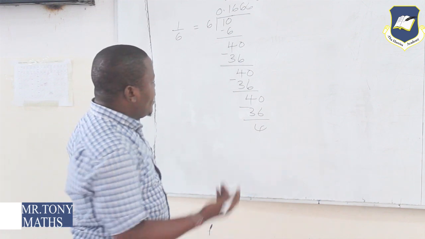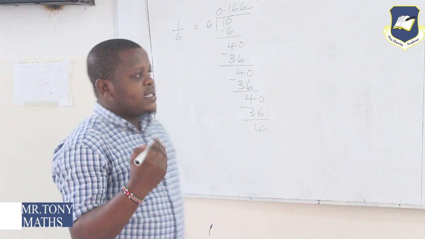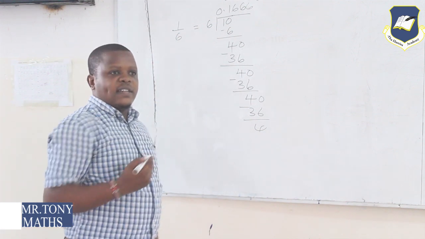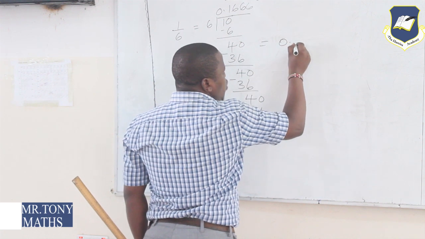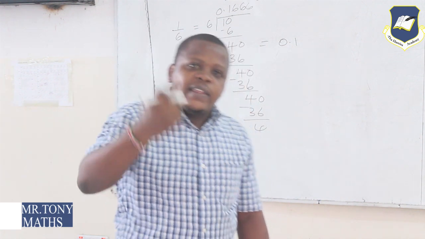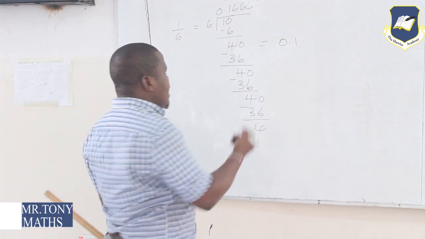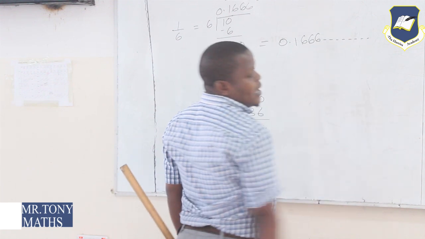So what do we identify in this case? When you look at our example 1, 1 divided by 9 is different compared to 1 over 6. Here we are going to have 0.1, but the digit 1 is not the one that is repeating itself. The digit that is recurring in this case is 6. So 6, 6, 6, and we're going to have as many 6s as possible.